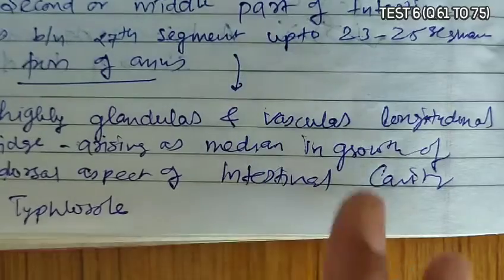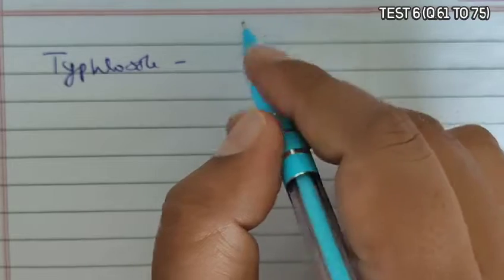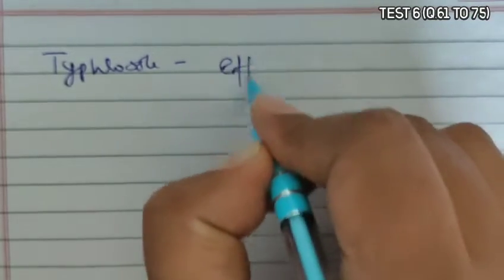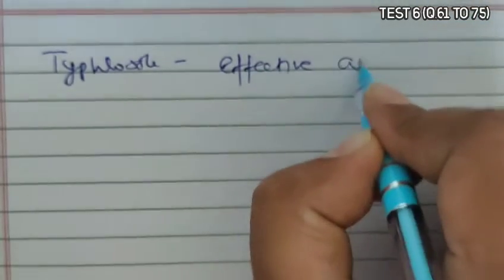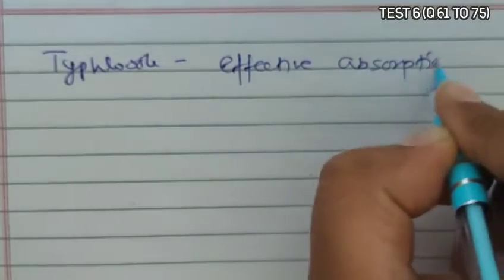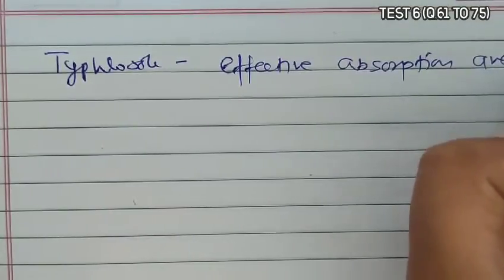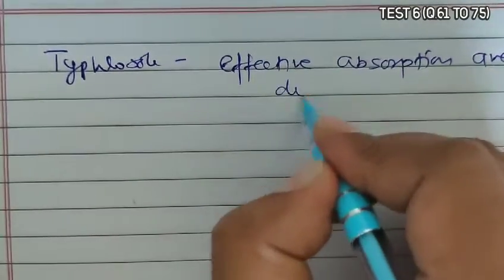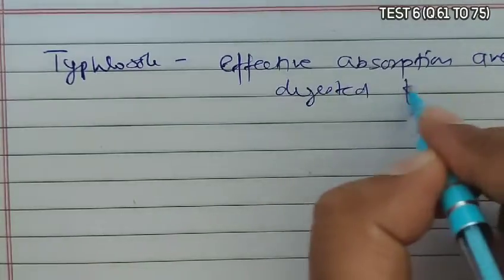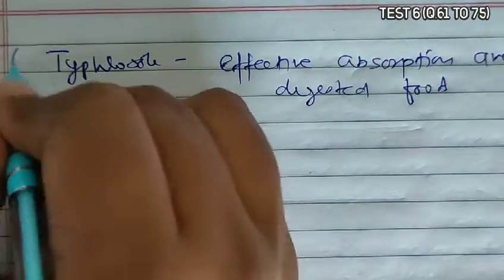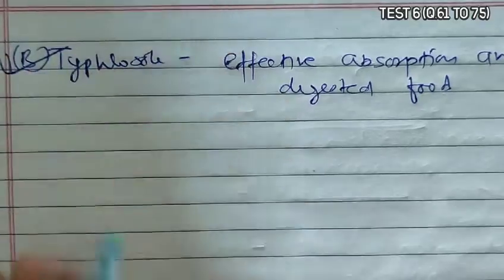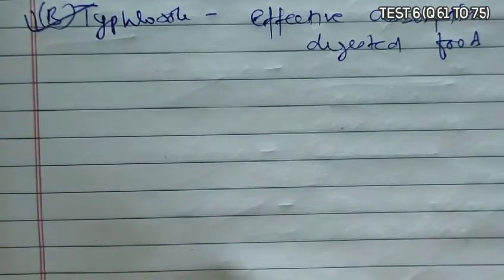This typhlosole greatly increases the effective absorption area of digested food in the intestine. So option B is the correct answer.